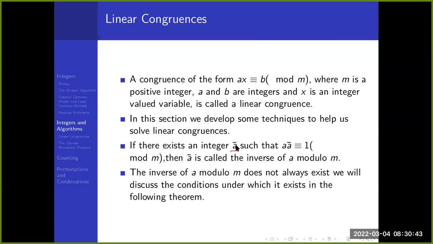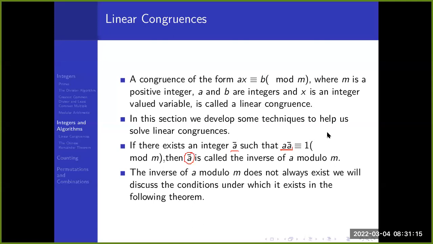So this small bar will distinguish it from A. We get another integer A-bar, so that when multiplied by A, this integer will be congruent to 1 modulo M, and M is some positive integer. If you can find such an integer A-bar, then we call A-bar the inverse of A modulo M. So this is not always possible to find. We shall see situations where we can find such integers.